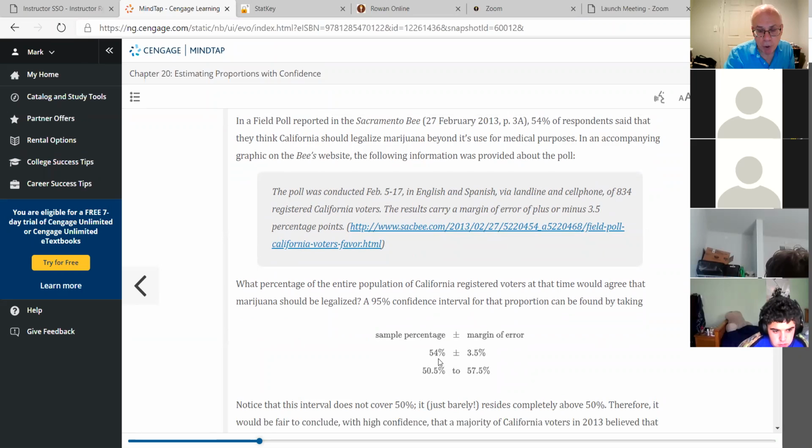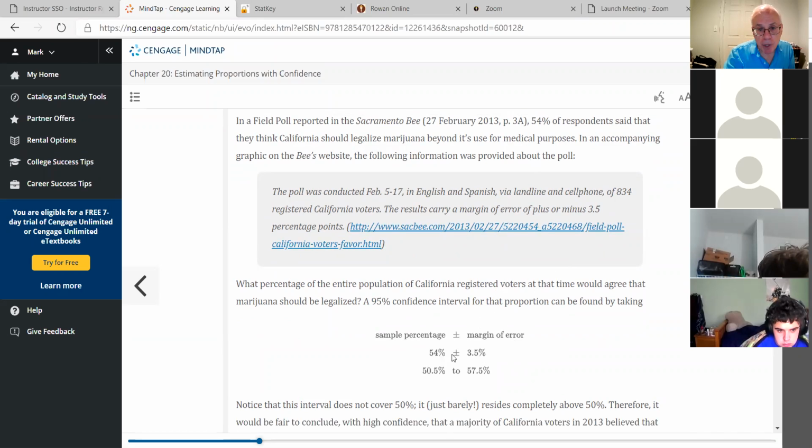I would use 0.54 here instead of 54%. For the margin of error, 3.5 percentage points, I would convert that to a decimal by dividing by 100. That's 0.035.